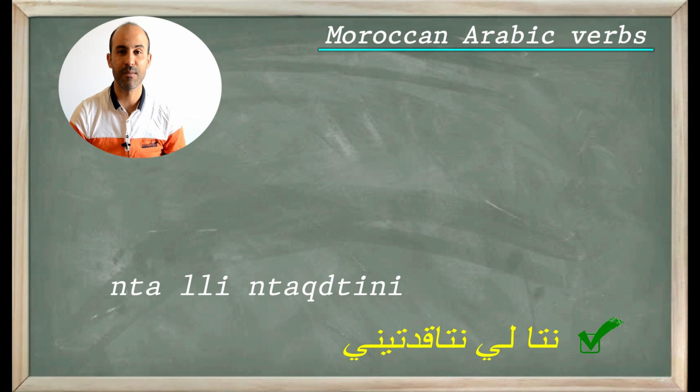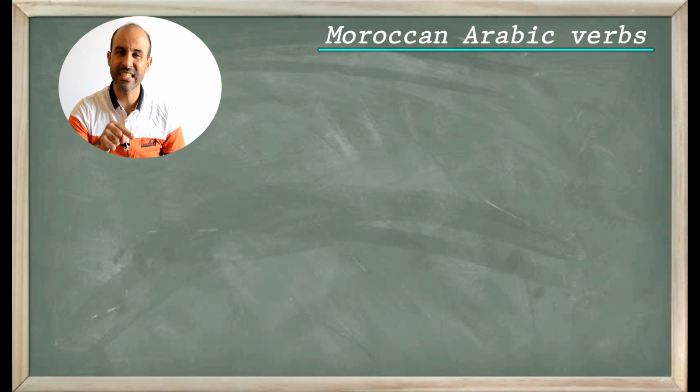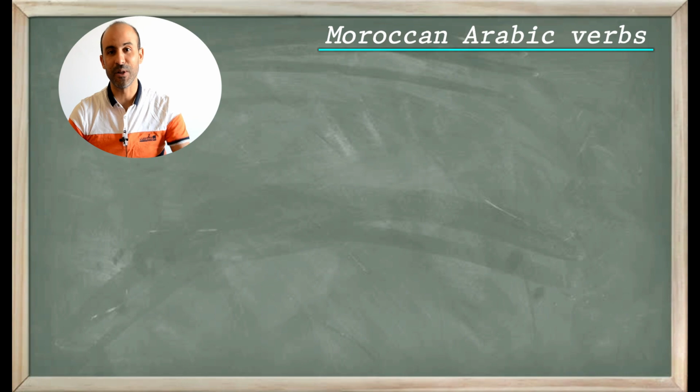That's for the past suffixes. And انتي انتقدتيني. The verb is the same for انت and انتي. انت اللي انتقدتيني. It's you who criticized me. Can you write a sentence with this verb in a comment below?